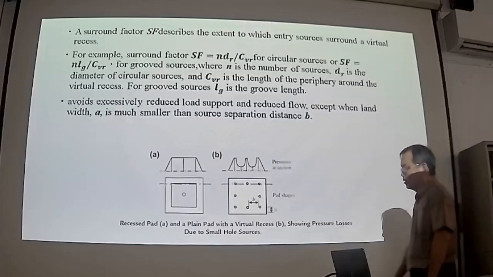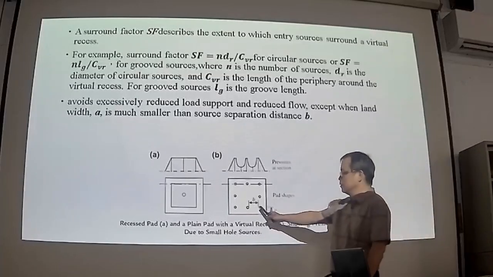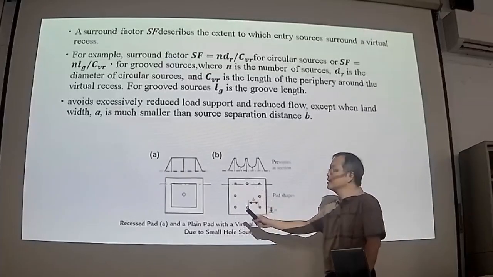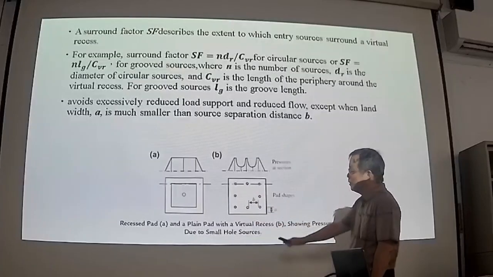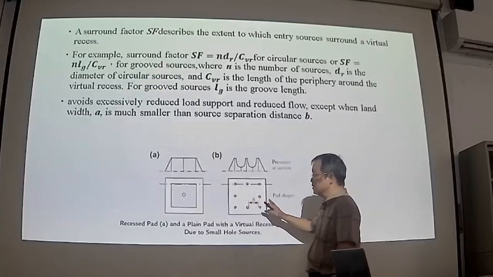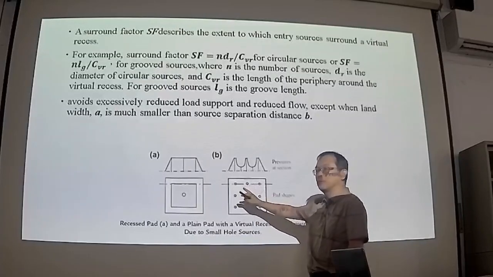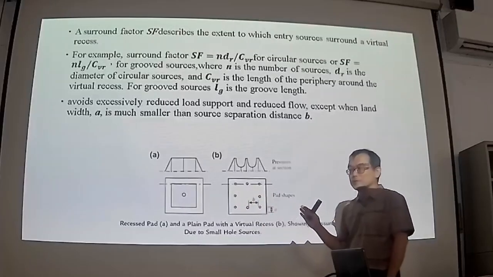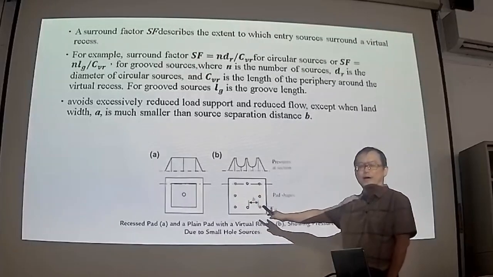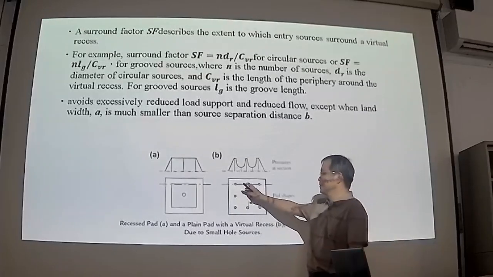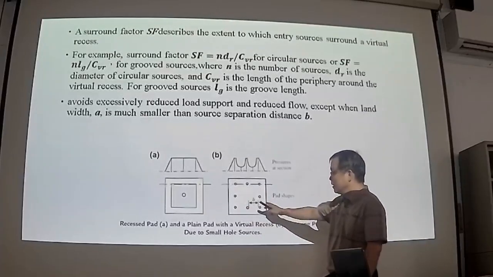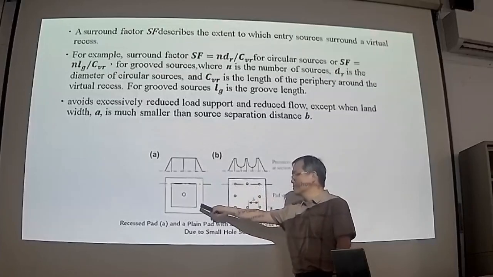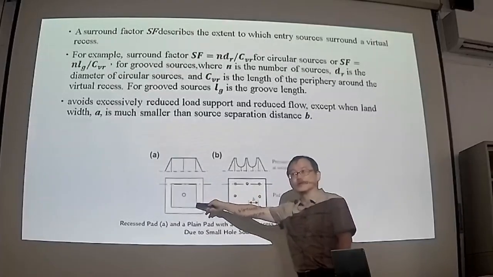Theoretically, you can have this kind of virtual recess design. Okay, we don't have any recess here, but instead we have multiple inlet ports or air supply holes here. It's formed like a normal square, like a recess.